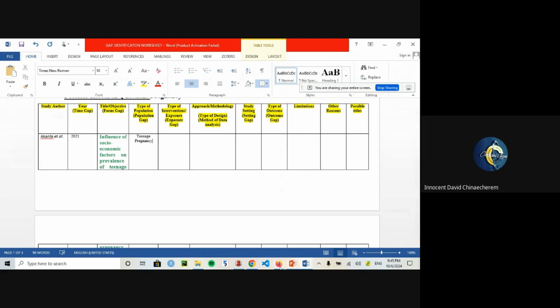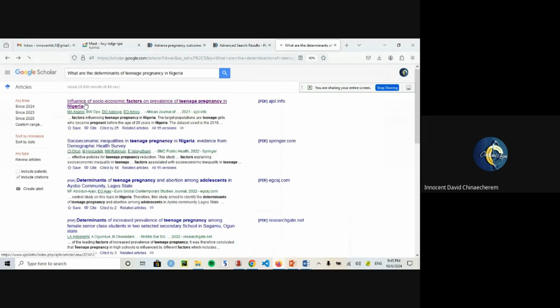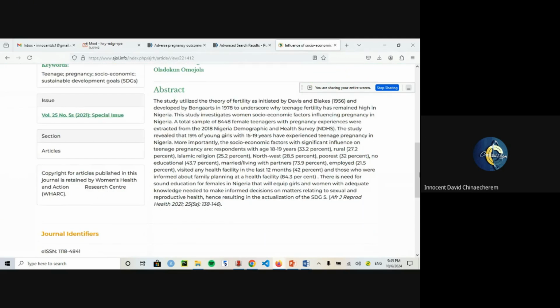So you come to the paper, right? It explores why teenage fertility has remained high, in this sample of female teenagers. So it involved female teenagers extracted from the NDHS.